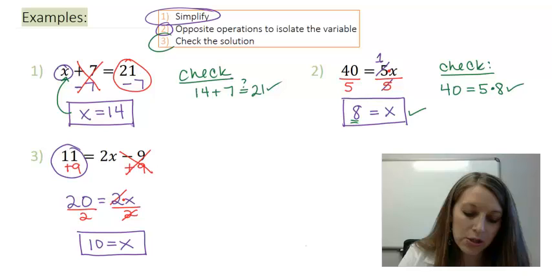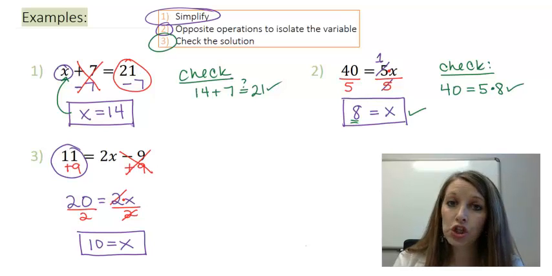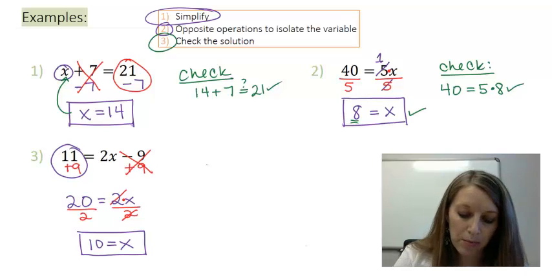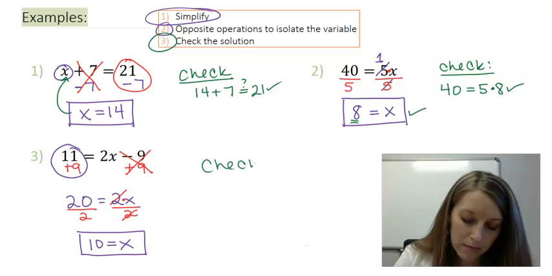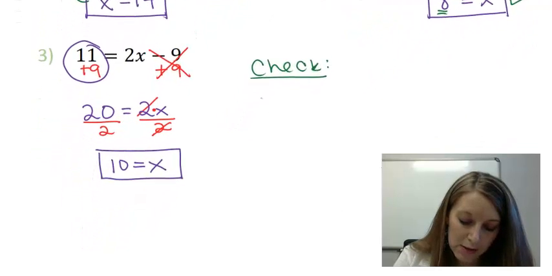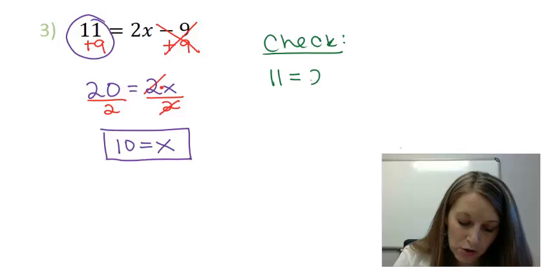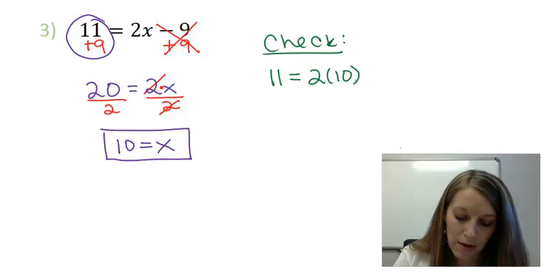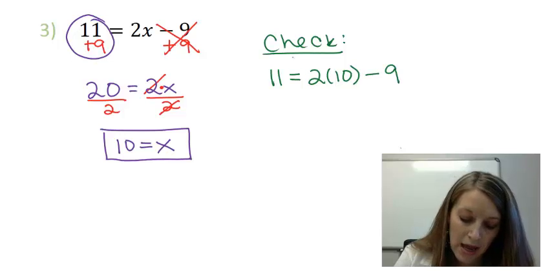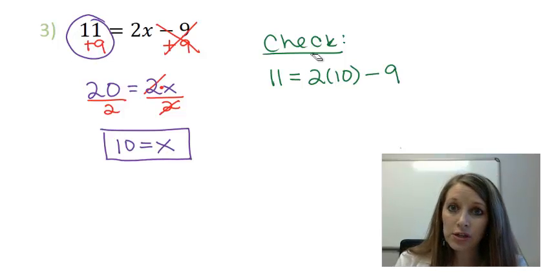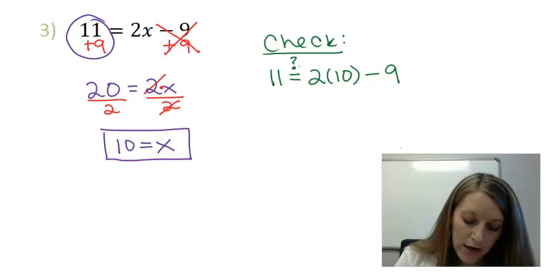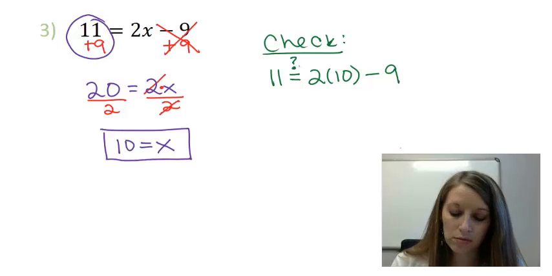That means I am on to step number 3, and I need to check the solution to this problem. So that gives me 11 is equal to 2 times, substituting my number for my variable, 10, minus 9. And I do not know that this is officially equivalent, so I should have a question mark above it. That's my goal.